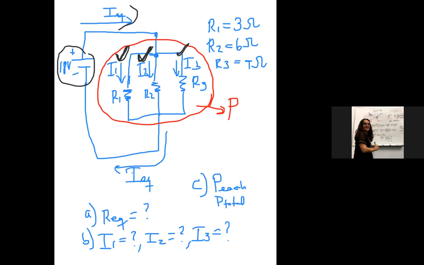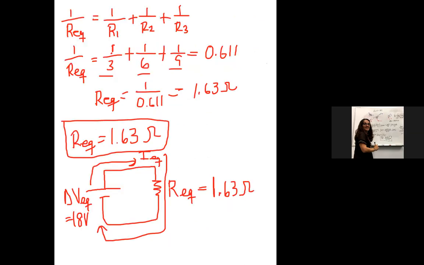What is the total? What is the equivalent? Well, there's a couple ways to do this. First way to do it is we can look right here at our equivalent circuit. And we can use our Ohm's law with everything equivalent. Delta V equivalent is I equivalent R equivalent.